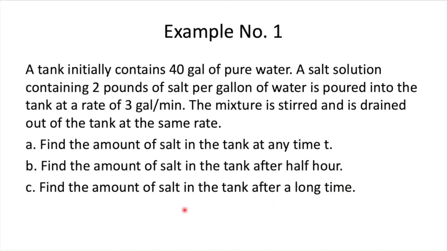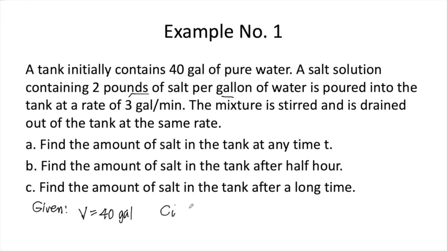Now, let's write the given first. So, ganun lagi, if you are to write your solution, you start writing the given first. In this problem, you can see ang 40 gallons. 40 gallons is the volume. So, V is equal to 40 gallons. What else? You have 2 pounds per gallon. A salt solution is poured into the tank, yan yung concentration.